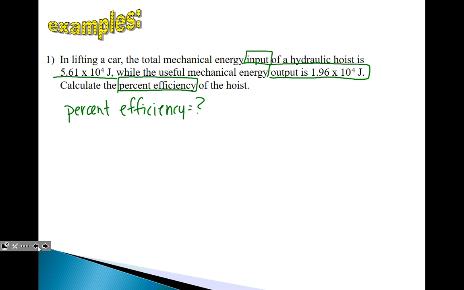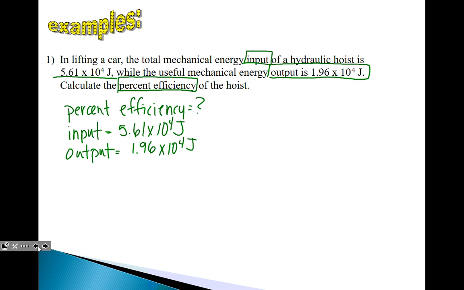We have our input, which is equal to 5.61 times 10 to the power 4 joules. And we have our output energy is equal to 1.96 times 10 to the power 4 joules. Okay, so let's use our formula.